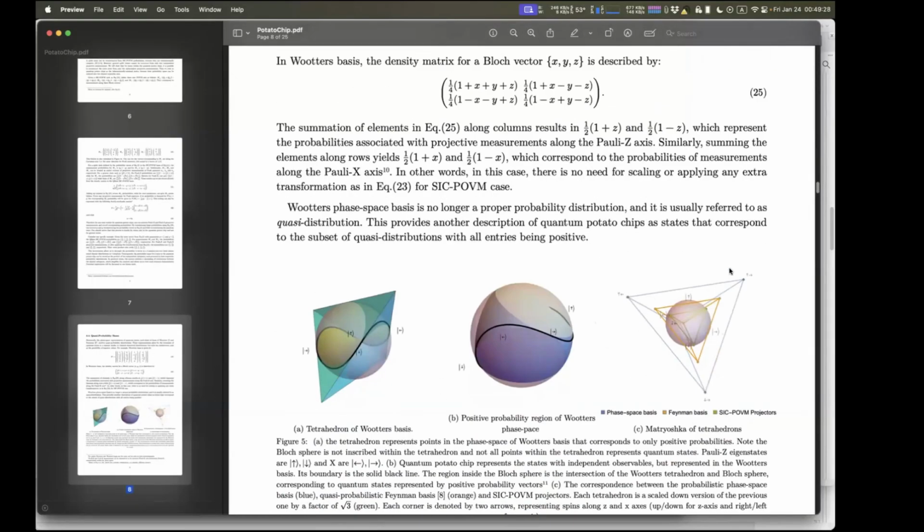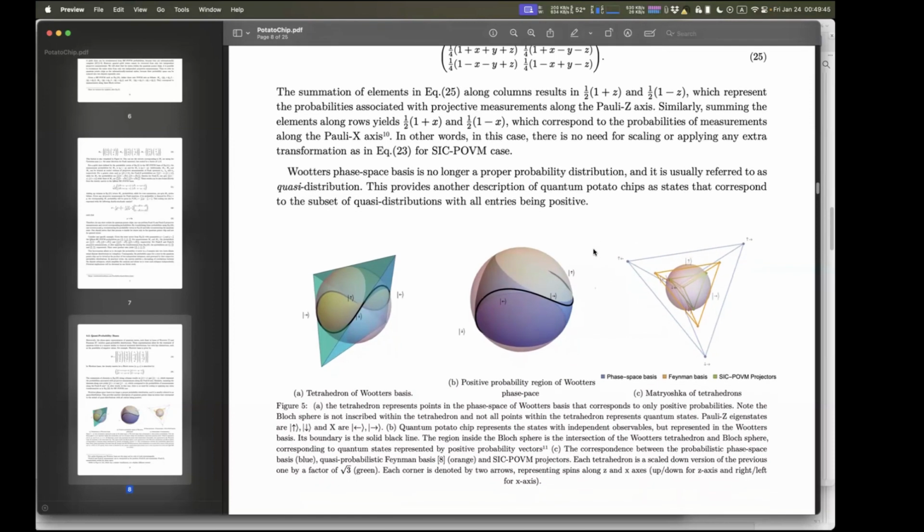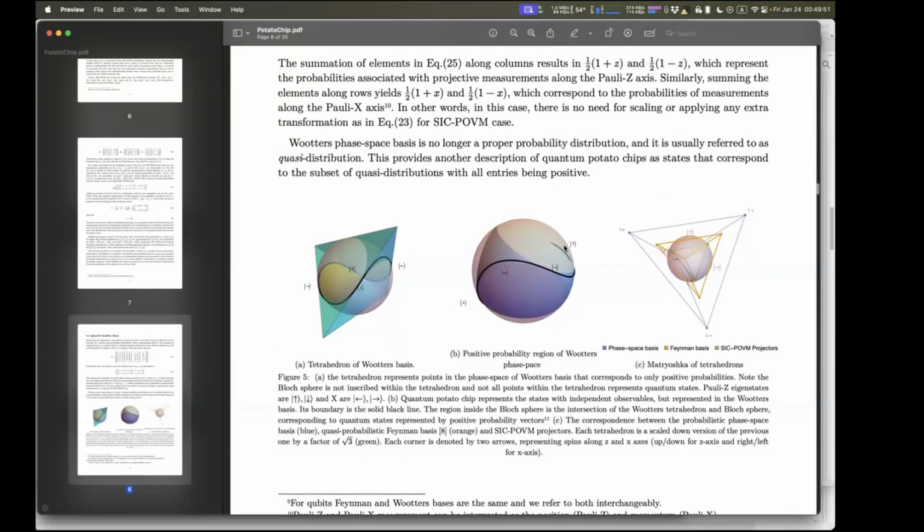We have this nice layered construction of all the different basis representations for the same thing, because the outer tetrahedron that completely envelops the Bloch sphere is that probabilistic interpretation, but there are smaller ones that reconstruct more familiar phase spaces for the same qubit, which is quasi-probabilistic, where this would be the Wootters and Wigner representations.